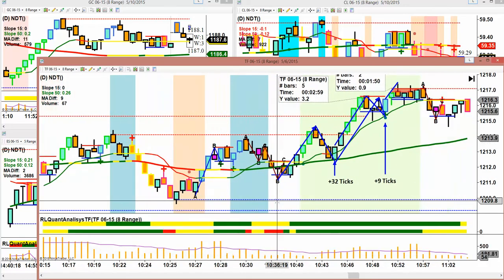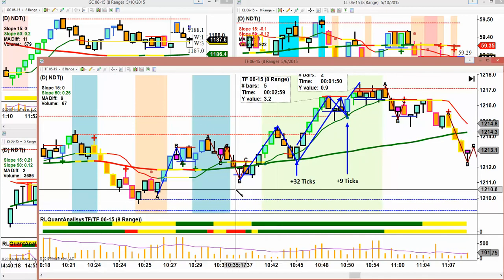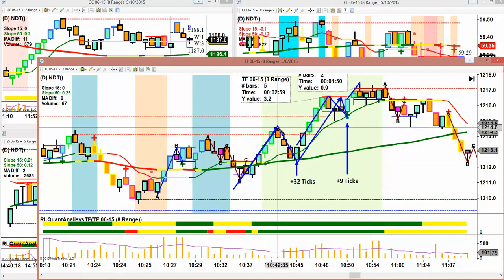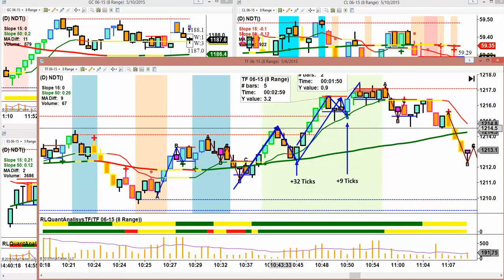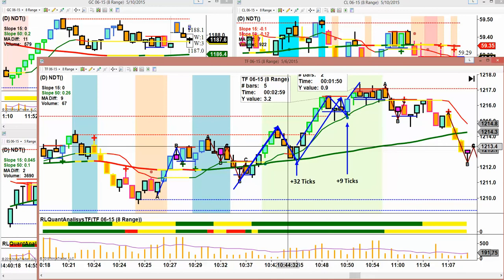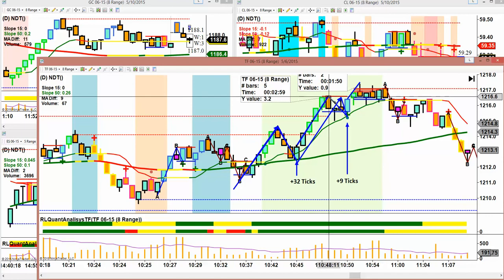And this is a trade I took for 32 ticks. It was a move to the upside, down, sitting right on the 50. Remember I said I love the breaks of the 50 and retracements right back. Best background bias, dual quant confirmation, and up the trade went for 32.